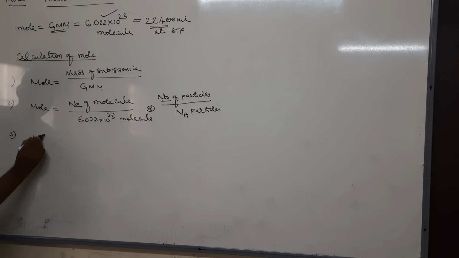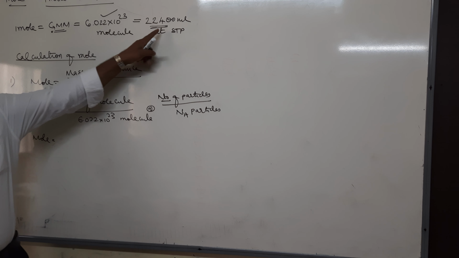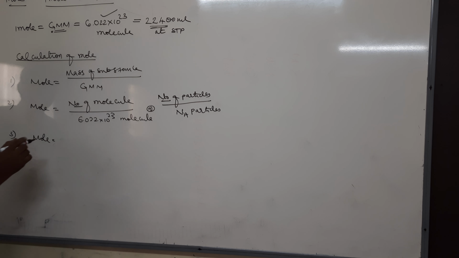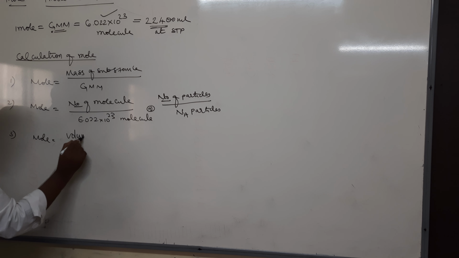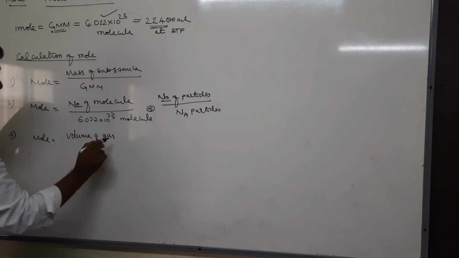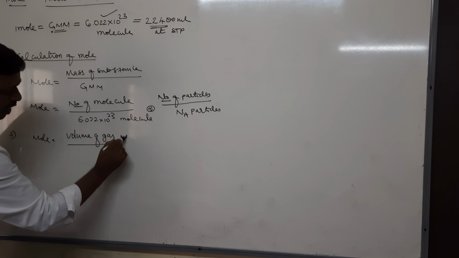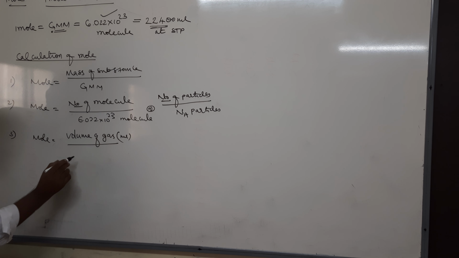In place of mass of the substance, can I take volume of the gas divided by gram molar volume? Gram molar volume is 22.4 liters, or 22,400 ml. So mole is equal to volume of gas divided by gram molar volume.